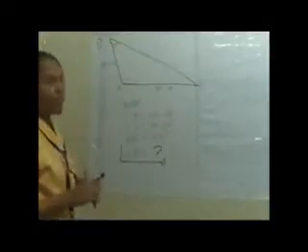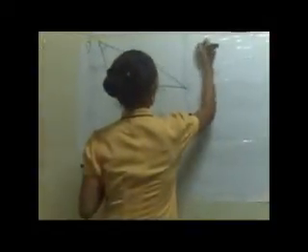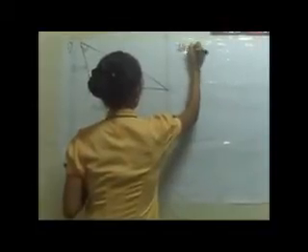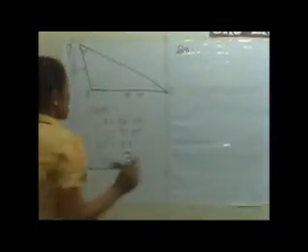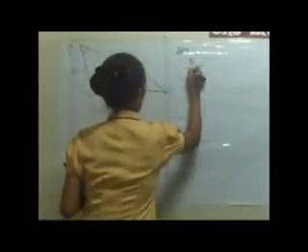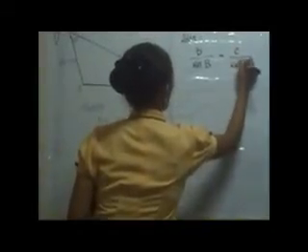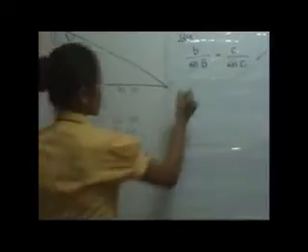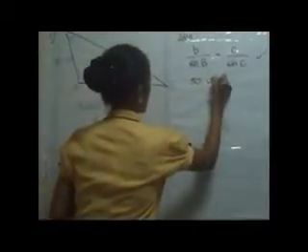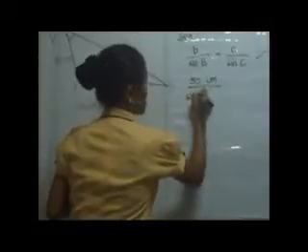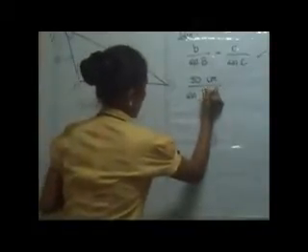Side B is given, so we have this our solution. We will use the formula B over sine B is equal to C over sine C. So we have this given formula. Next thing to do, we need to substitute the values. Our B is 50 centimeters and then our angle B is what is asked.